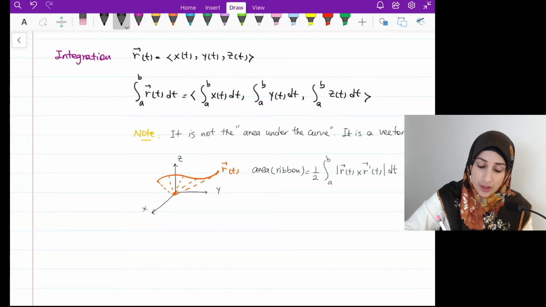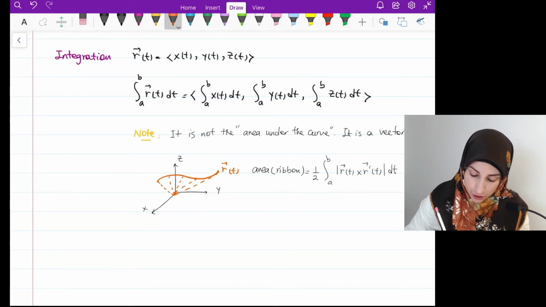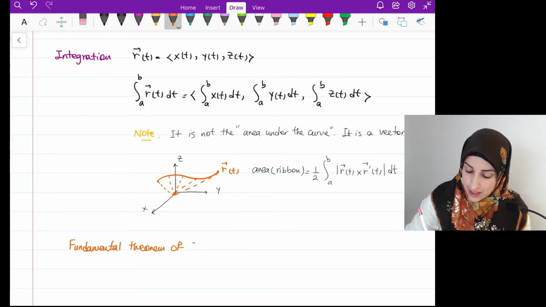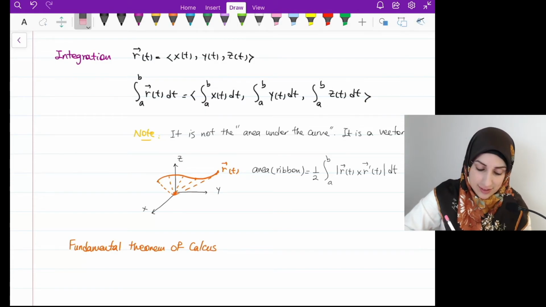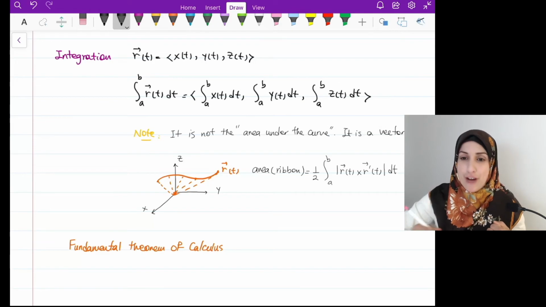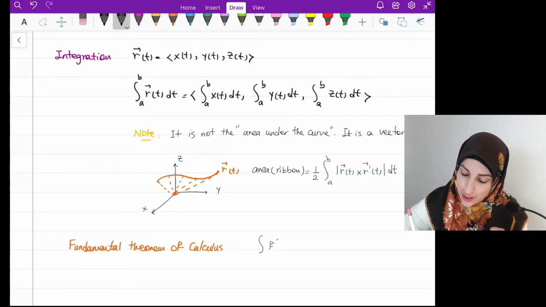Something else that is very important and we're gonna use is the fundamental theorem of calculus. If you remember the fundamental theorem of calculus, we said that for a function, the integral of f prime of t dt from a to b would be the function at b minus the function at a.